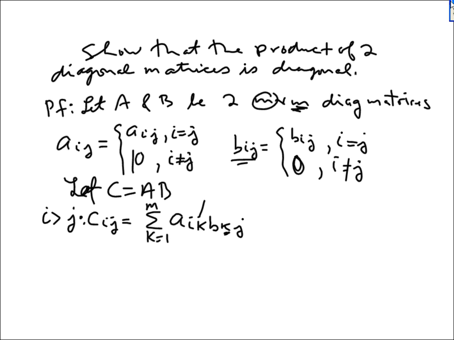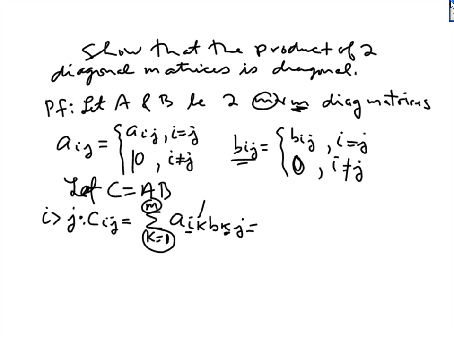Now, we know that i is bigger than j. So what we're going to do is stop off. k eventually will be i. I mean, k goes from 1 to m, which is all the row and column values.